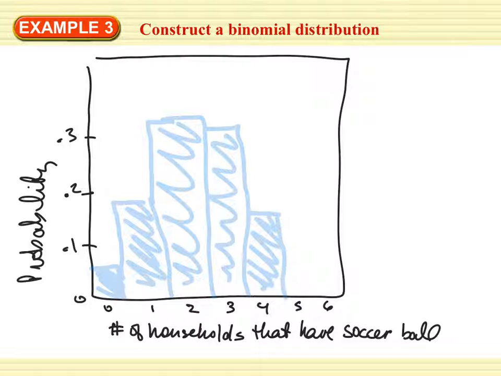You'll have notebook paper, so it'll be a little bit easier for you. 5 was about the same as 0, and 6 was almost nothing. Okay, there's your histogram.